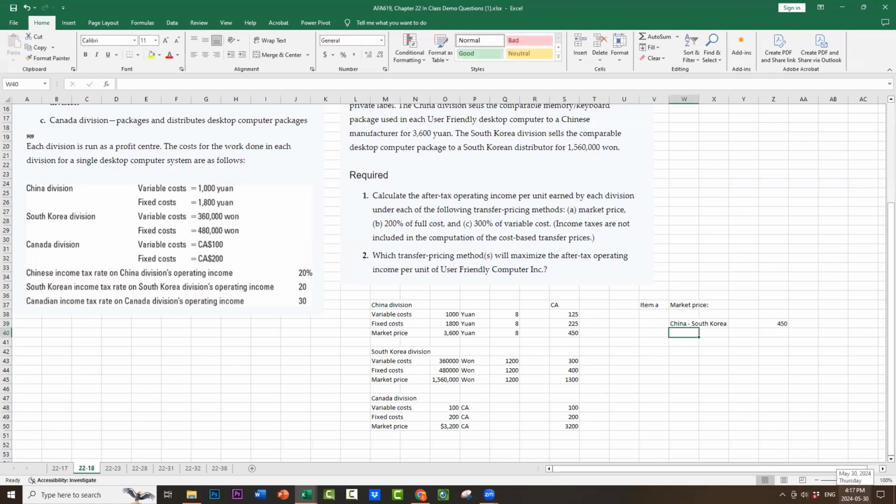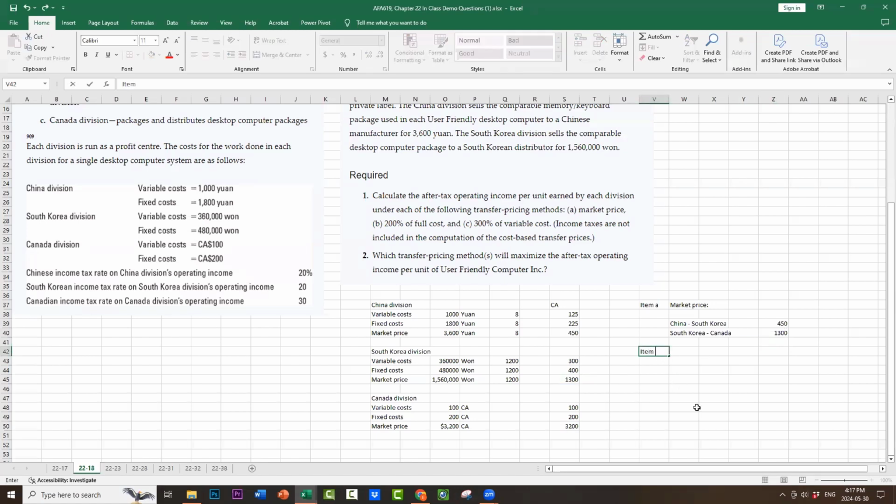And we know that South Korea to Canada would be $1,300. That's the market price.